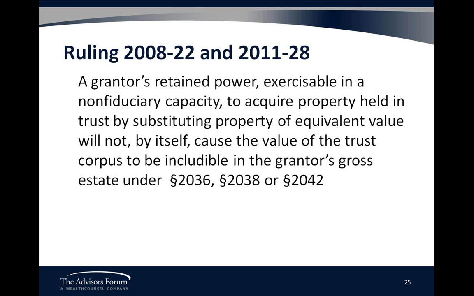Although the Jordahl case actually had to do with a life insurance trust. So there were some discussions out there in the literature where it said, well, 2036, 2038, no-brainer. But what about 2042? So if the grantor has the power to reacquire trust property, then theoretically the grantor has the power to reacquire an insurance policy. And then now the grantor's got the insurance policy, and that constitutes an incident of ownership, even though the grantor never exercises the power.